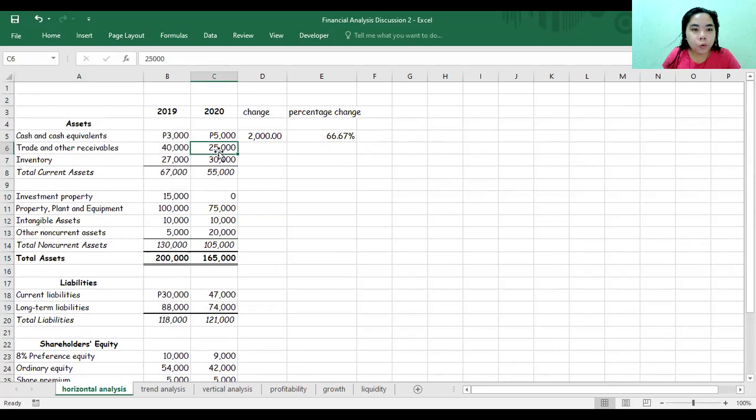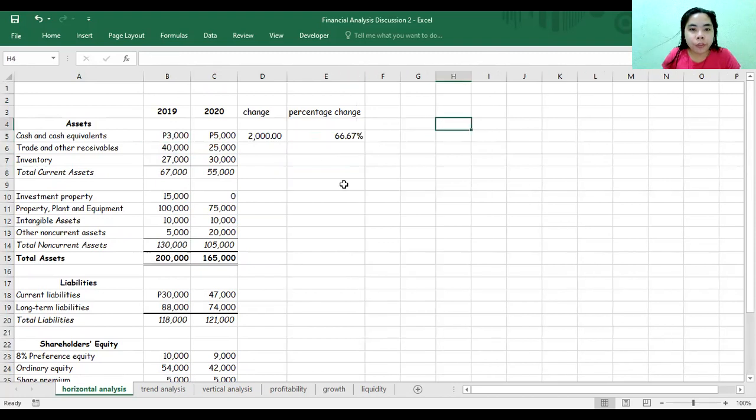We need to analyze it by getting first the change from 2019 to 2020 and the percentage of change. For cash and cash equivalents, from 3,000 cash for 2019, it became 5,000 in 2020. So we have a 2,000 change. That's positive since 2019 is lower than 2020.